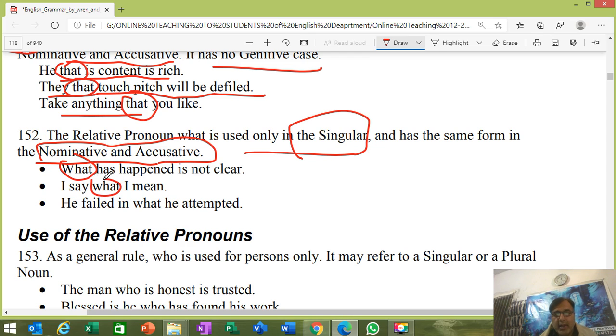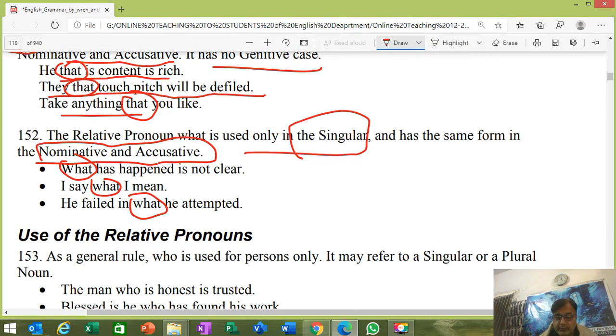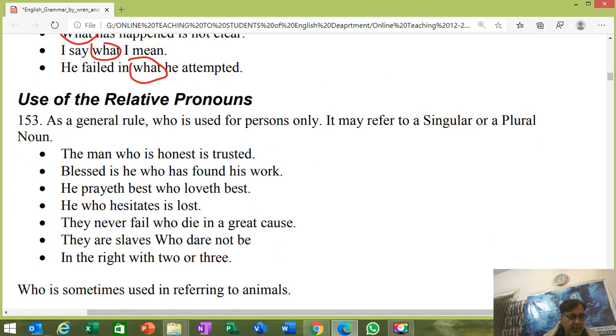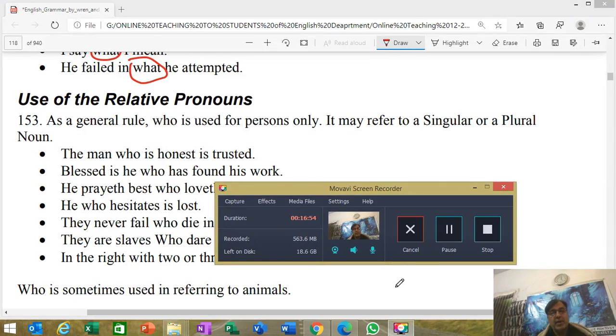So it can be used only in singular form and has the same form in the nominative. He failed in what he attempted. Further, we are going to talk about point number 56, but it can be done later on.